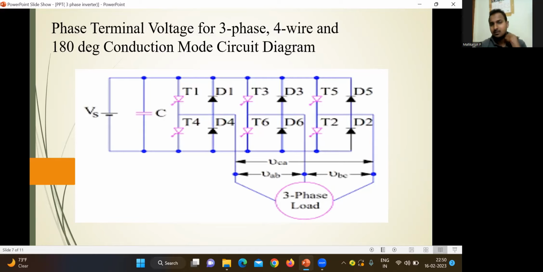Phase A, phase B, phase C. We also have a neutral wire, N, and the phase voltages VAN, VBN and VCN. Next, VAB, VBC and VCA are the line voltages.